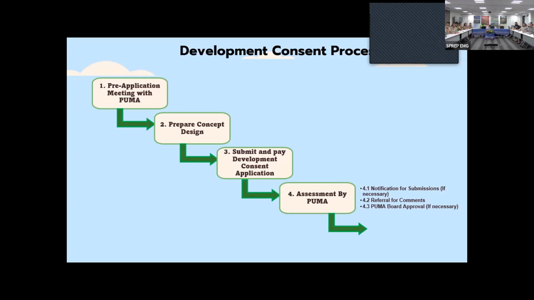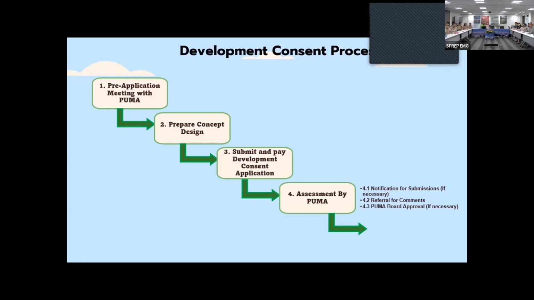So number 1, you might need to notify your DCA, your development consent application, putting it out for public submissions. Number 2 is that we will also need to refer it to our partners, our other government agencies, for their very specialized comments. And number 3, if necessary, it might actually be a board approved application.